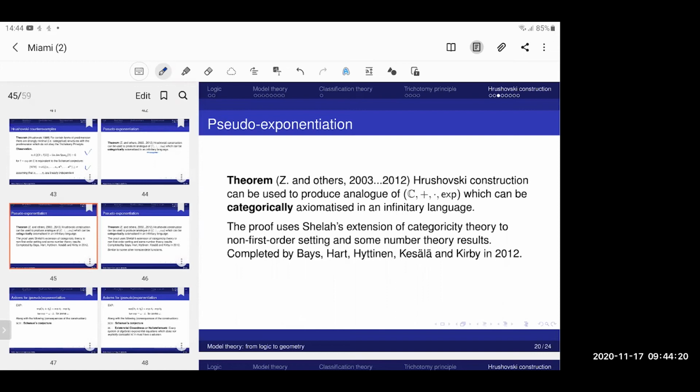came only by 2012, and the proof actually very much relies on a very advanced Shelah technique, extending categoricity theory to this infinitary setting, and also it requires some non-trivial number theory results.